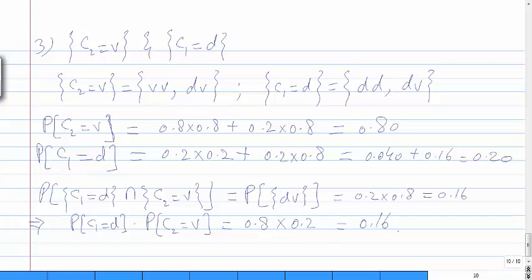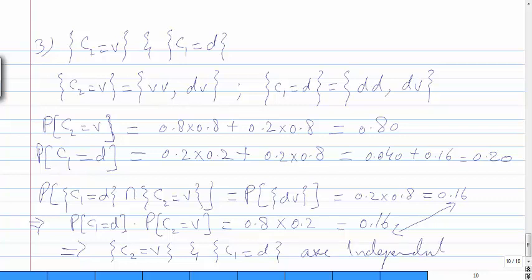These two are the same, so this implies that C2 equal to V and C1 equal to D are independent events. So this is the way you can prove it.